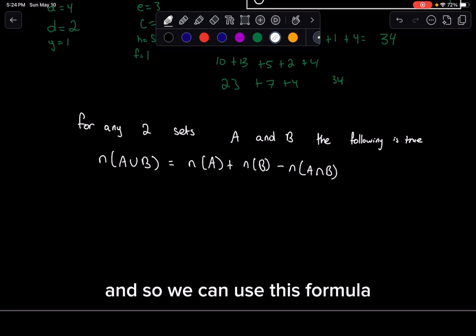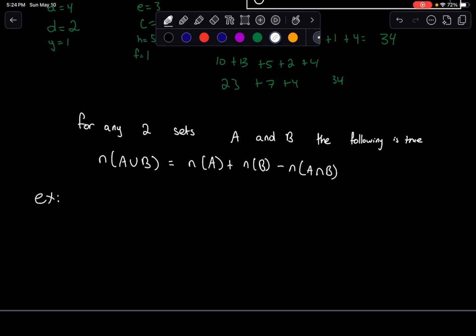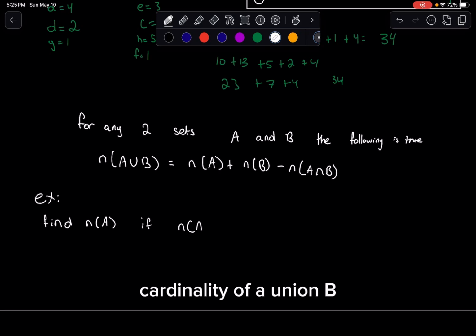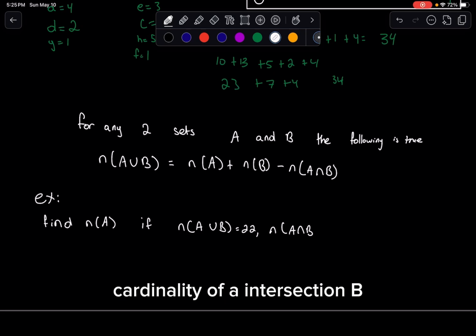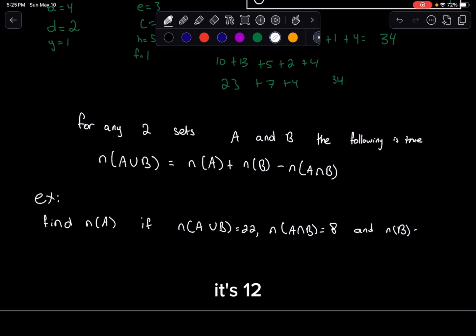And so we can use this formula for an example. If we want to find the cardinality of A, if the cardinality of A union B is equal to 22, the cardinality of A intersection B is 8, and the cardinality of B is 12.